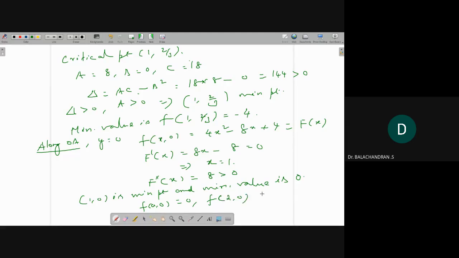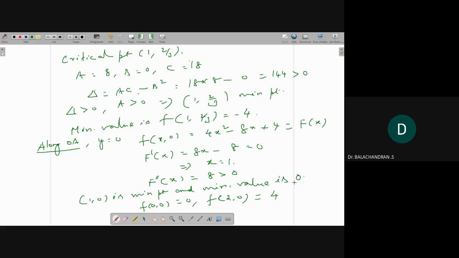Please tell what is f of 2 comma 0? 16 minus 16 plus 4. I think 4. Check it.